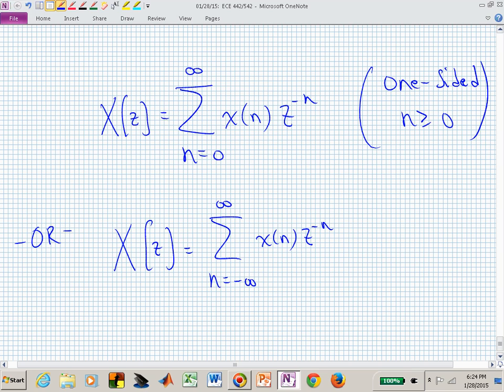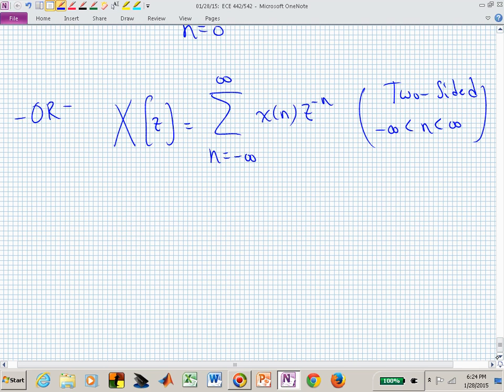Structurally, it's the same, except now you're summing the negative tail and the positive tail. And this we call now a two-sided z transform. If that's the definition, let's look at some z transforms of some common waveforms.